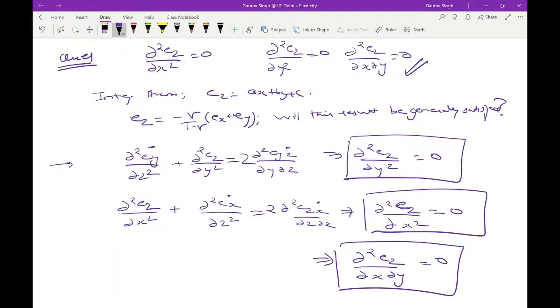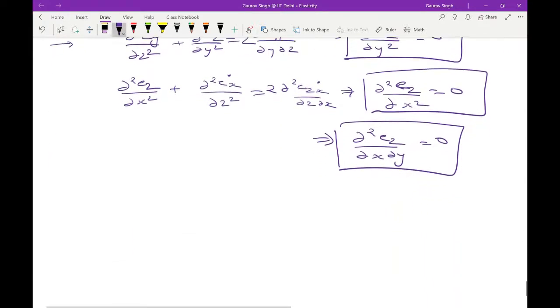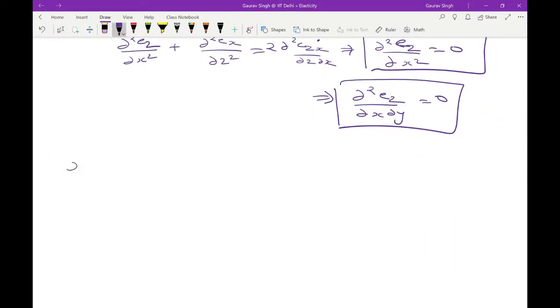Now if you integrate each one of them, let's take them up one at a time. So ∂²Ez/∂x² is equal to 0. This implies ∂Ez/∂x is f of y. And then ∂²Ez/∂y² is equal to 0.